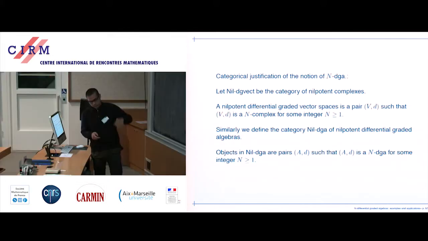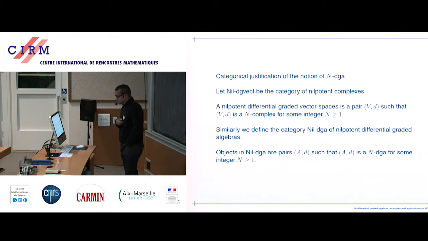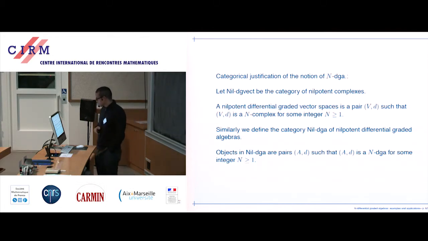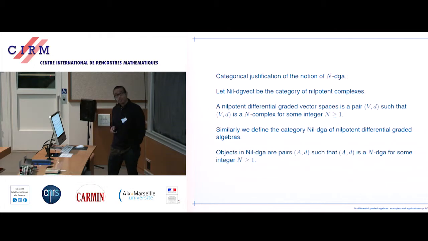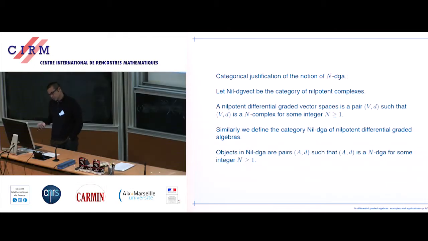Let me first justify the definition of n-differential graded algebras from the categorical point of view. You can construct a category where you put all n-complexes for all n. In this category, you will find a monoidal structure.